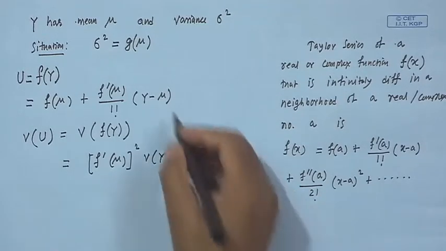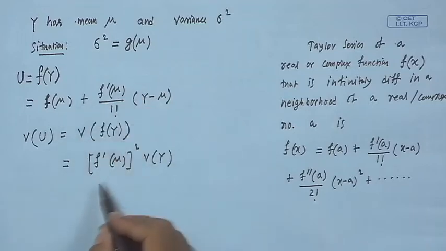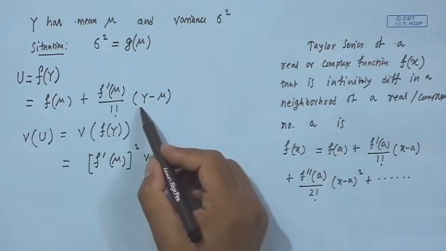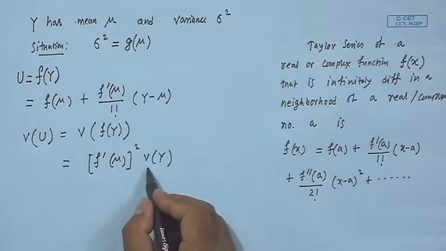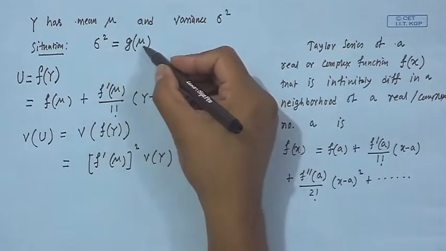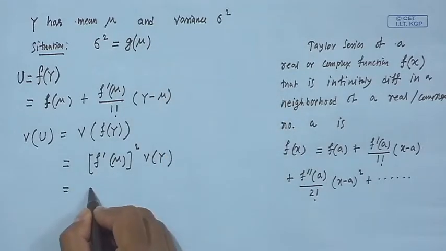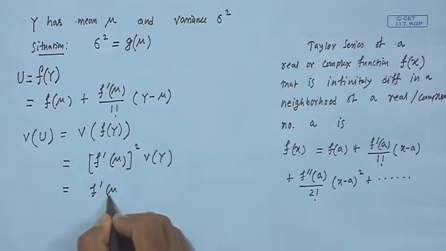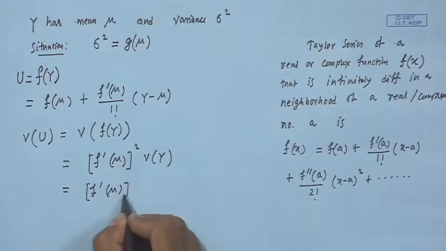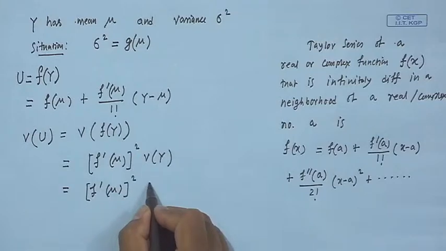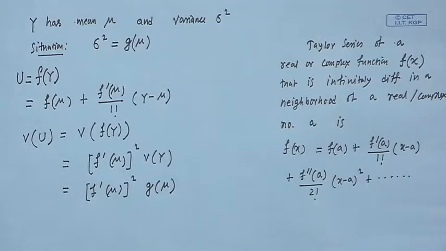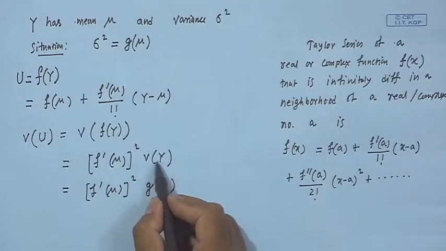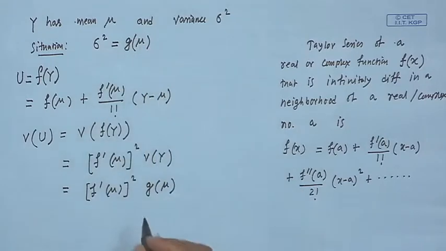I hope you understand that variance of this is equal to this quantity, because variance of y minus mu is nothing but variance of y. And this variance of y is a function of mu. So, this is equal to f prime(mu) whole square into g(mu). I am replacing variance of y with g(mu).